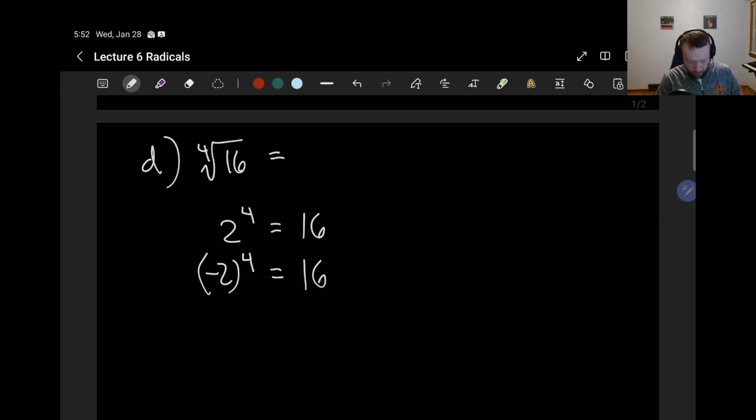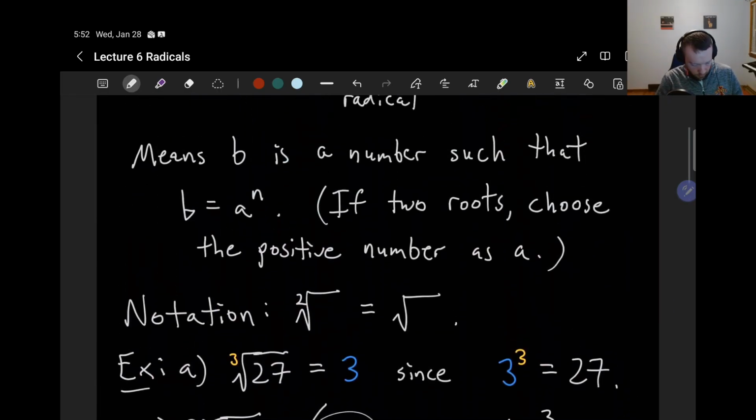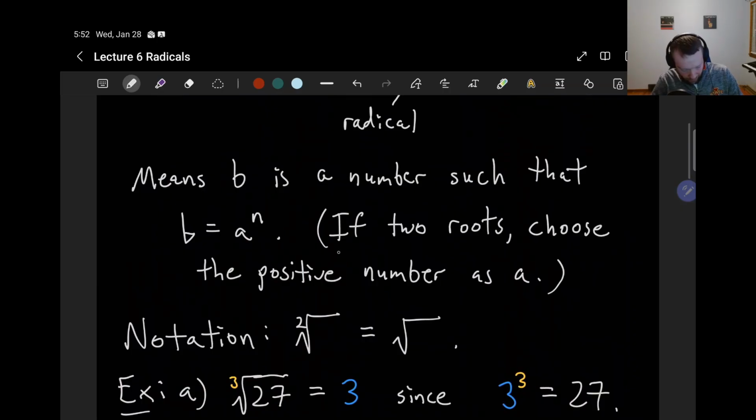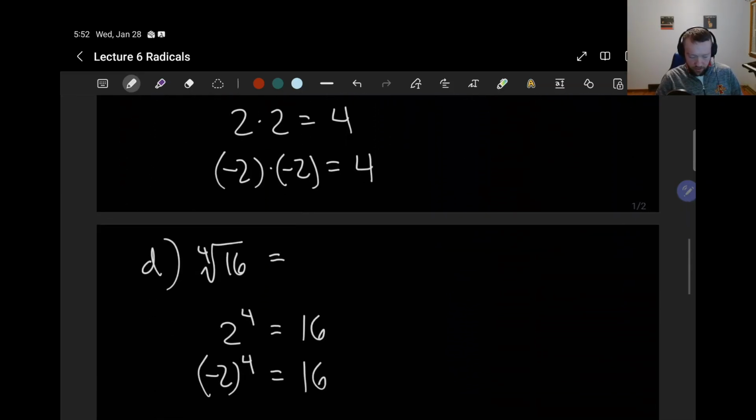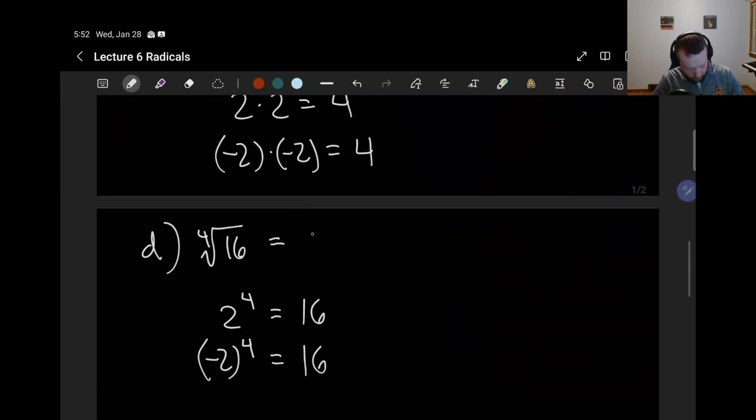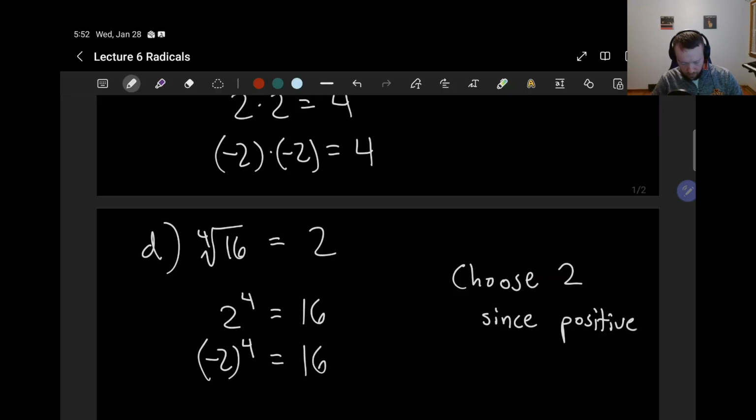So this is what I was talking about when I said if there are 2 roots, you choose the positive one. So we want just one answer. I choose 2 since it's positive. That's just the rule we've decided upon. So technically -2 works as well, but we just go with 2.